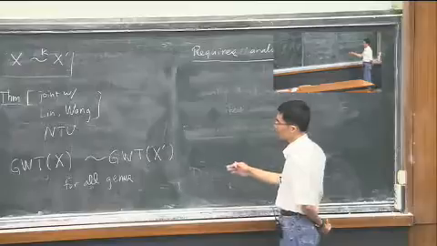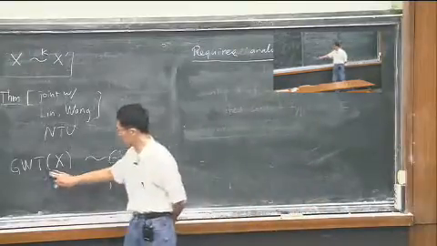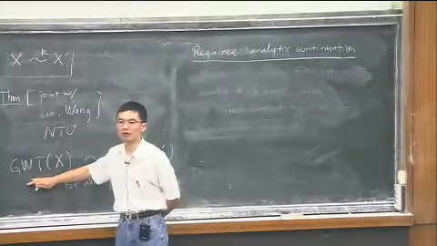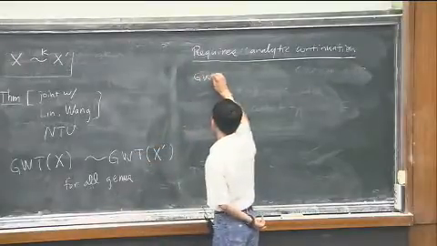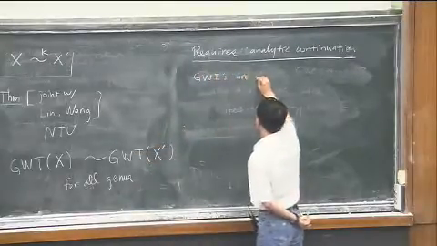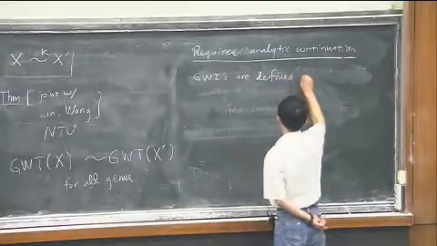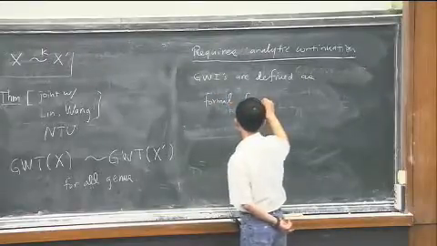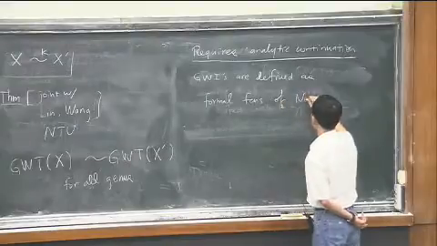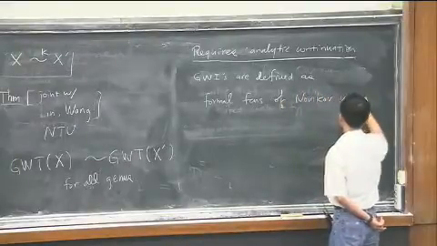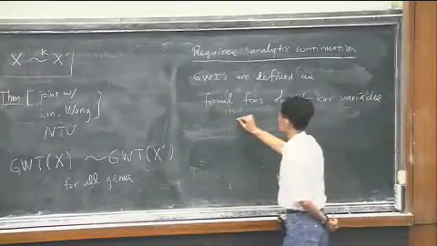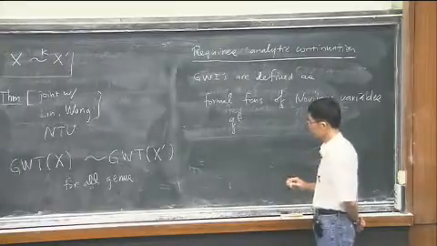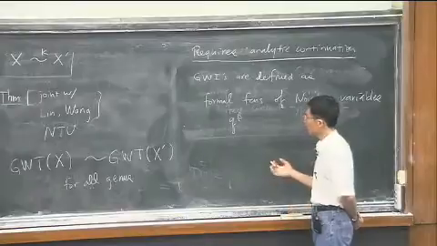What do I mean by analytic continuation? Remember how I define Gromov-Witten invariants: they are defined as formal functions of Novikov variables Q beta. So it's just a formal function.